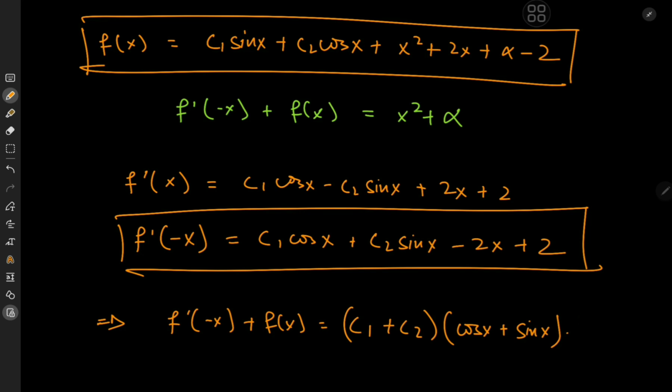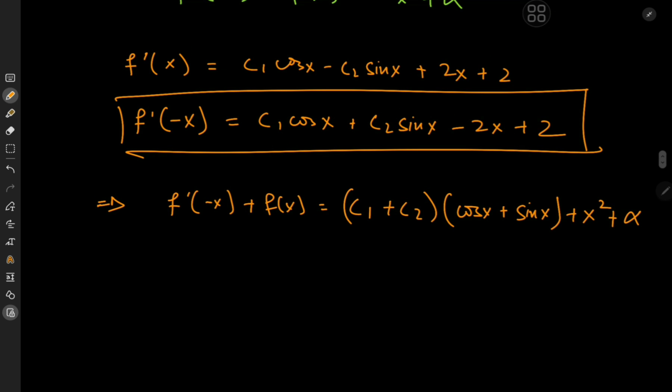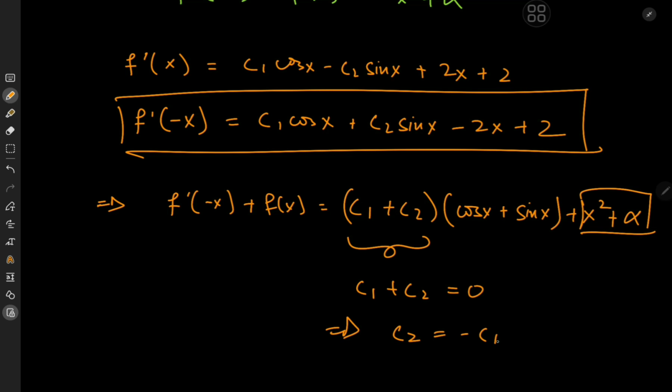Plus x squared, and the 2x and -2x cancel out quite nicely, and so do the positive and the negative 2's. So we have x squared plus alpha. Now, we only needed this bit, which means that c1 plus c2 should be equal to 0, which implies that c2 is just -c1. Okay, cool.